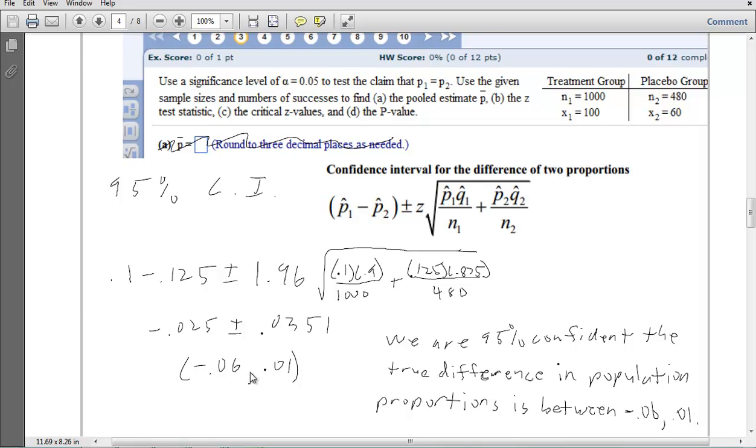And since 0 is in this interval, it is conceivable that there really is no difference in these two population proportions. So this kind of backs up what we did in the hypothesis test, where we also declared that we didn't have enough evidence to say that there was a significant difference between these two population proportions. So there's a 95% confidence interval for the difference of two proportions.